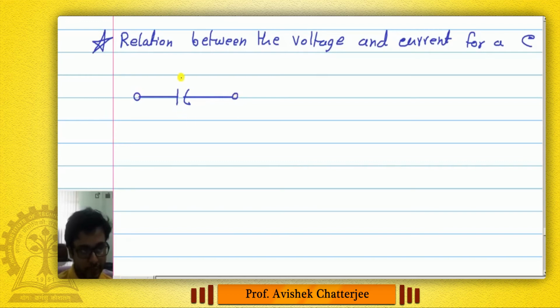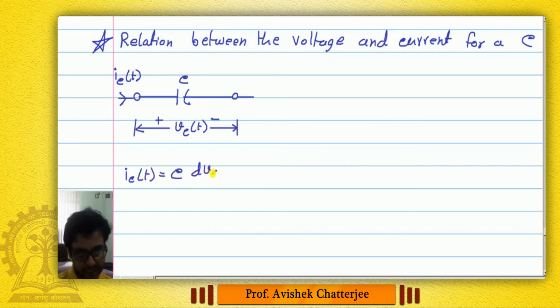The value of the capacitor is C. The current through the capacitor is iC(t), and the voltage across it is vC(t), with left side positive, right side negative reference. Then we know that iC(t) is equal to C dvC/dt.